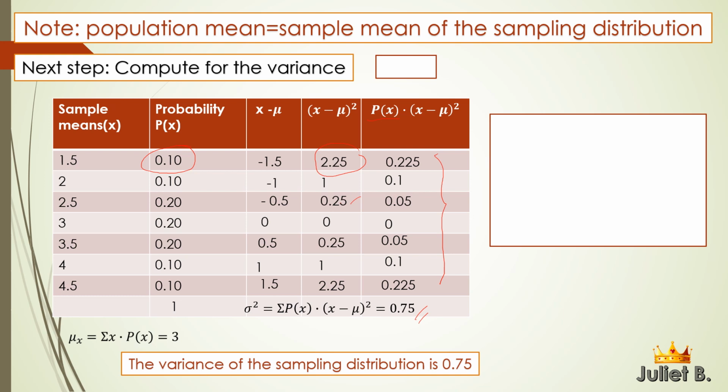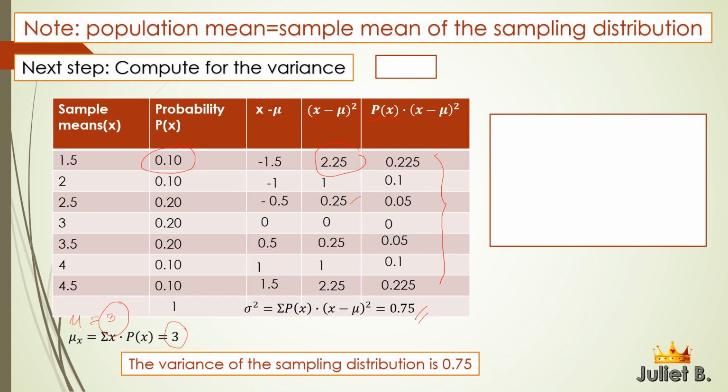If we compare, note that the population mean is equal to the mean of the sampling distribution of the sample mean.